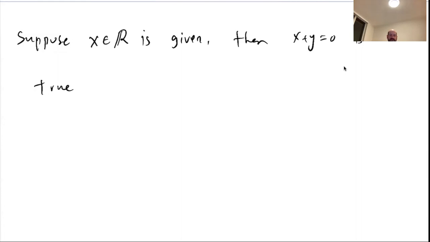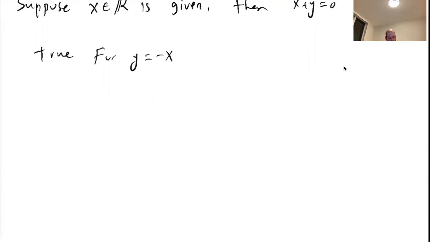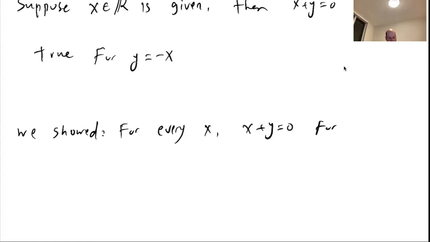y can be taken as minus x. Then x plus y equals 0 is true for y equals minus x. So we showed that for every x, x plus y equals 0 for at least one y.